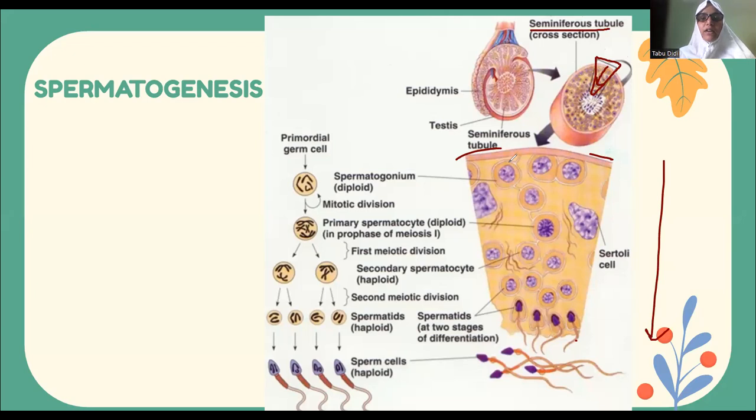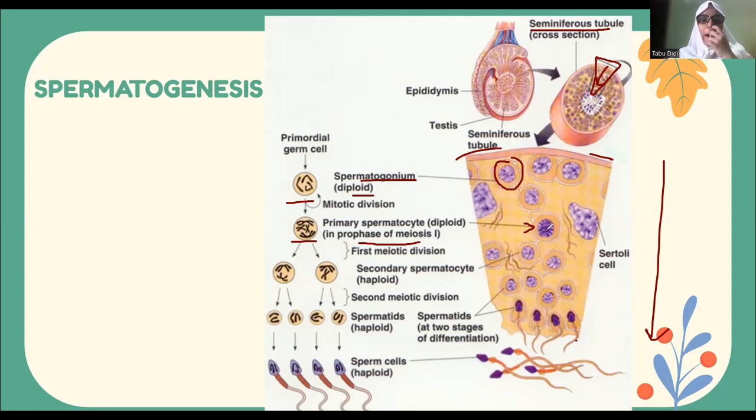So these are the places where primordial sperm cells are, the spermatogonium, which are diploid in nature. Then primary spermatocytes grow, they are growing over here. So they multiplied. Here the number was less, you can see, and then they multiplied. Here the number seems to be more.